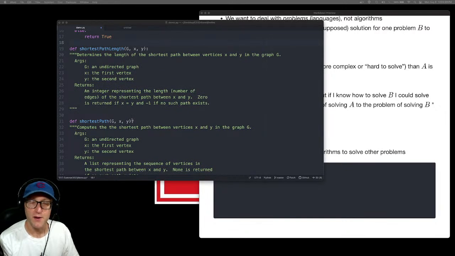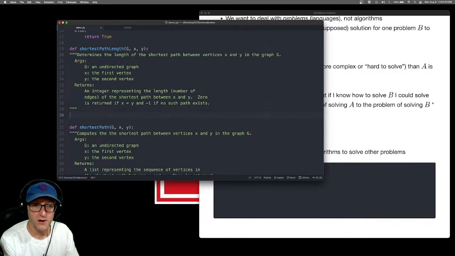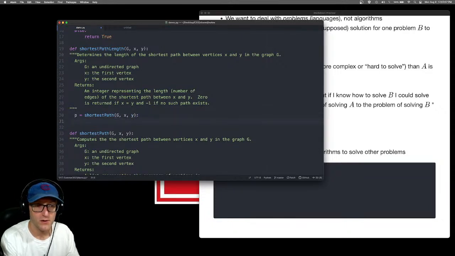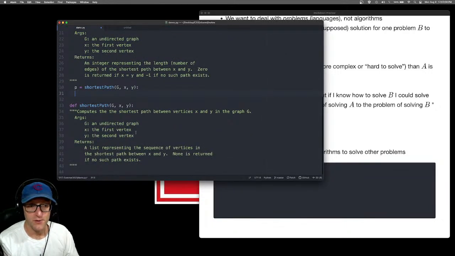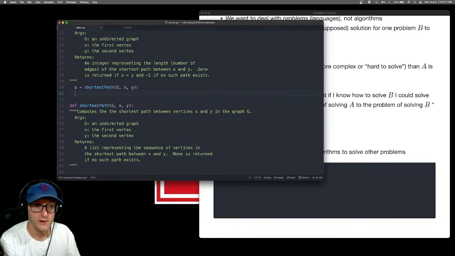Again, I'm going to punt it. Right? Shortest path length will simply be, I'll call P is equal, and that's for path, not polynomial time, shortest path, G, X, and Y. There we go. That returns a list, remember? It returns a list representing the sequence of vertices in the shortest path between X and Y. None is returned if no path exists.